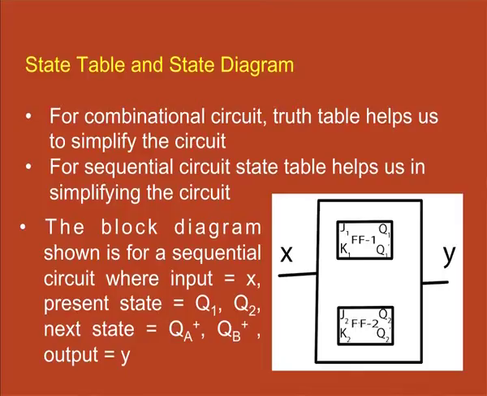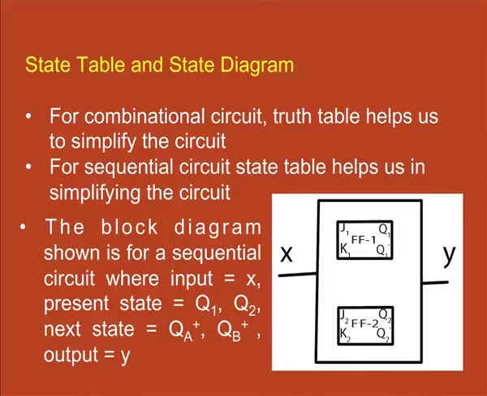Now, here in this slide we have shown a block diagram of the operation of a state table. The block diagram shows a sequential circuit which is built from JK flip flops, and here we have shown the input as X, the output as Y, and the corresponding present states and next states are shown from the inputs and outputs of the JK flip flop.